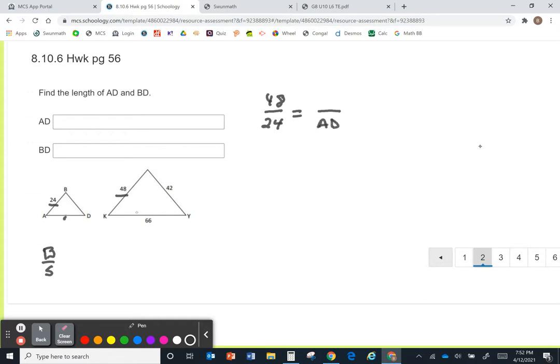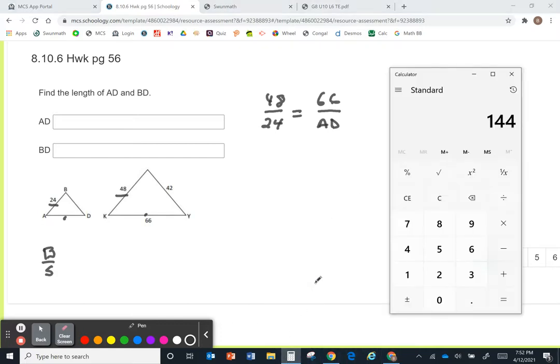See, this one and this one are corresponding. You can see one is twice as big as the other, but I'll do it like this so we don't mess people up.